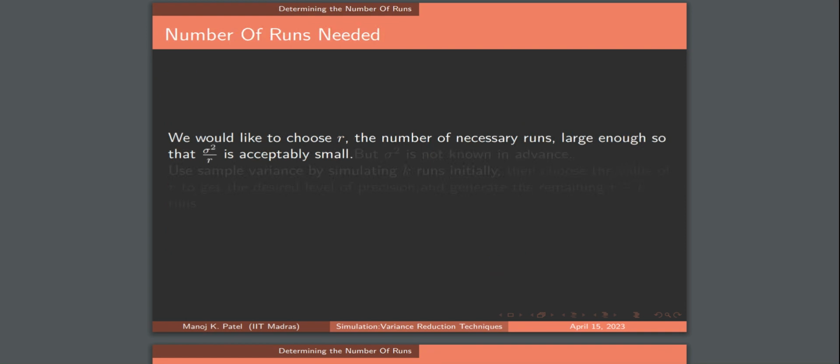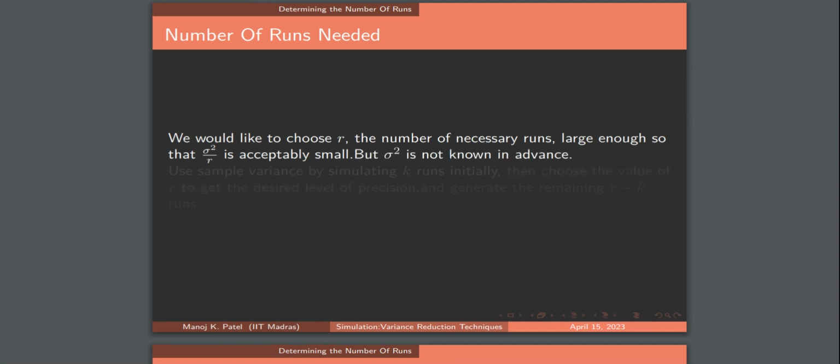Finally, we'll see the number of runs. That means how many samples we need to estimate the expectation so that the variance is reduced. We'd like to choose R, the number of necessary runs, large enough so that sigma squared over R is acceptably small.